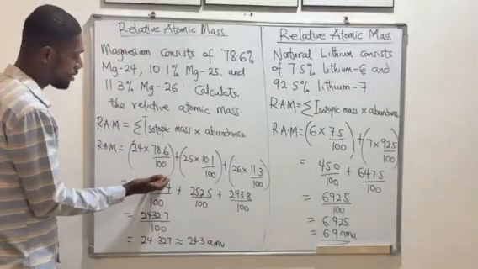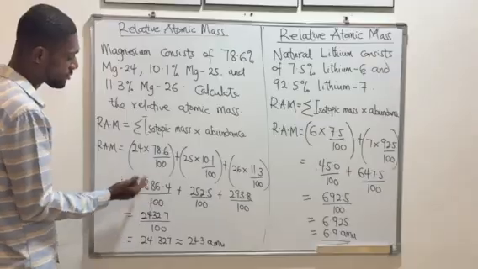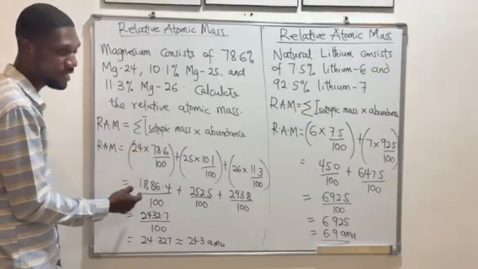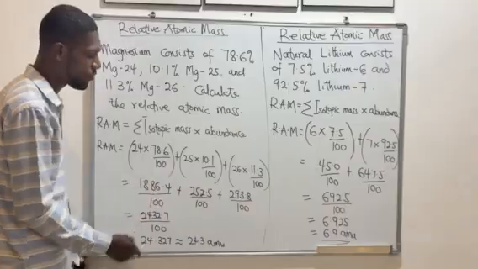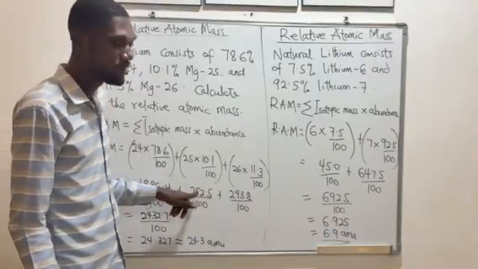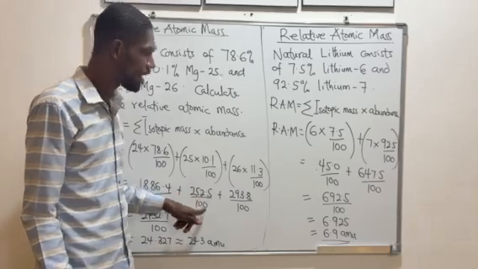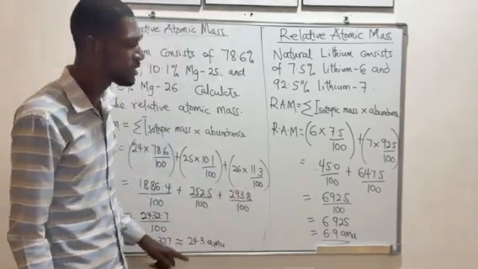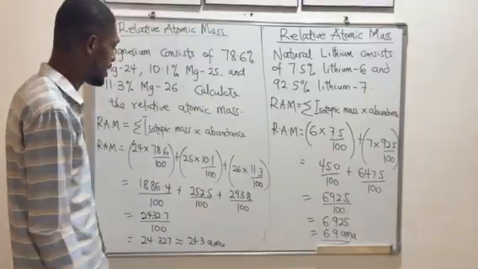So when we work the brackets out, 24 times 78.6 gives us 1,886.4 over 100, plus working this out gives us 252.5 over 100, plus the third bracket gives us 293.8 over 100.